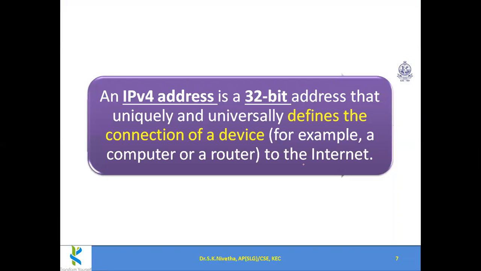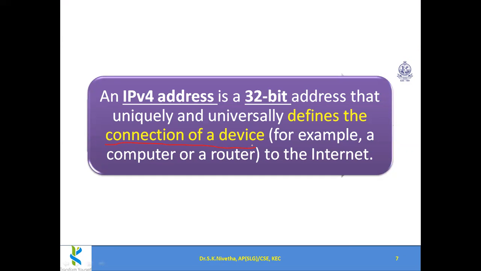We could say an IPv4 address is a 32-bit address that uniquely and universally defines the connection of a device. Here we should remember this phrase, connection of a device, not a device itself. When I am connected to my home network, one IP address is allocated. The same device, if I go to my college or office and use the official network, gets another IP address.